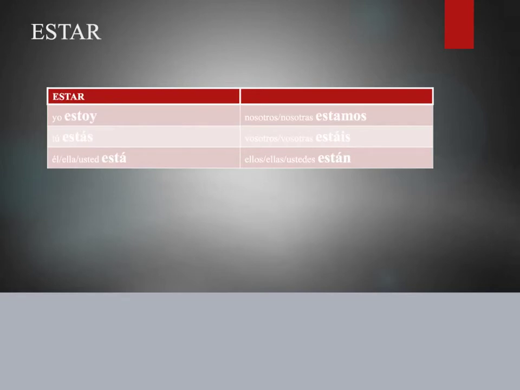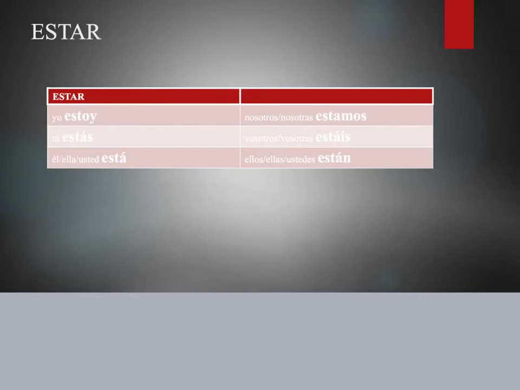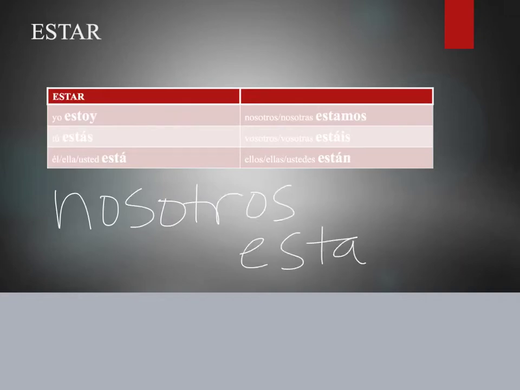Ok, tenemos él, ella y usted está. Acento. Ok, nosotros o nosotras estamos, sin acento, no accent.